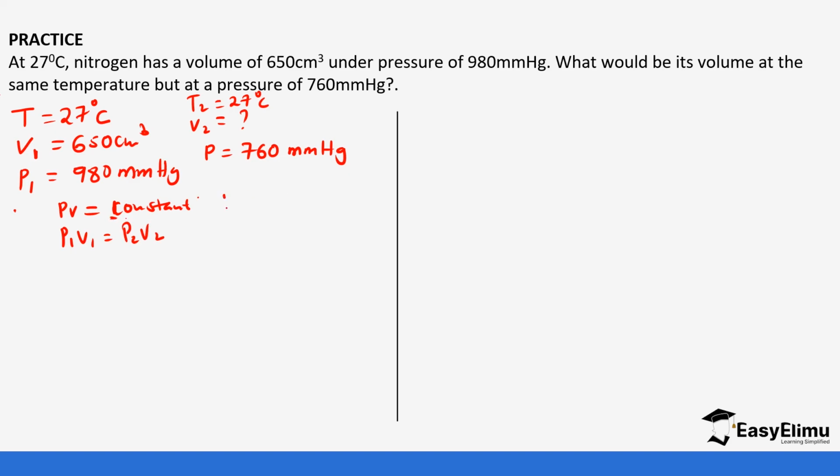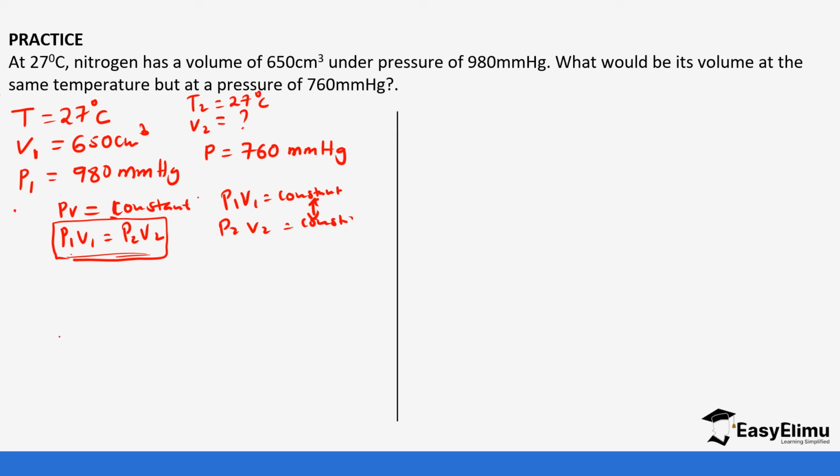This is the same as taking P1 V1 equal to a constant, and P2 V2 equal also to a constant. Remember, constant and constant will remain the same, so it is okay for us to combine these two. So this is the formula we are going to use to do our calculations.